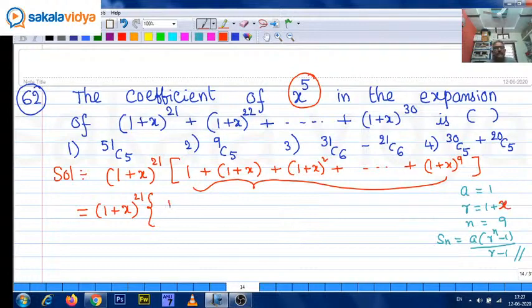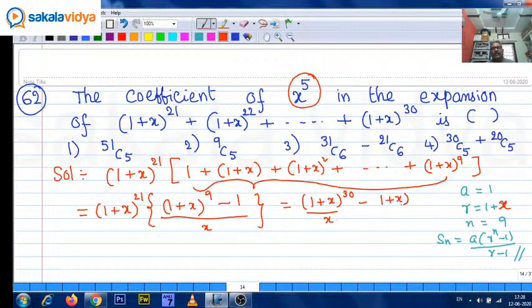So (1 plus x) to the power of 9 minus 1 upon (1 plus x minus 1), which is x. So this can be written as (1 plus x)^21 into (1 plus x)^9, that is (1 plus x)^30 upon x, minus (1 plus x)^21 upon x.